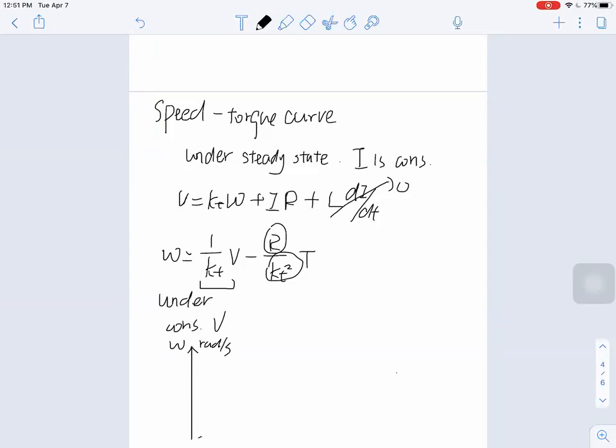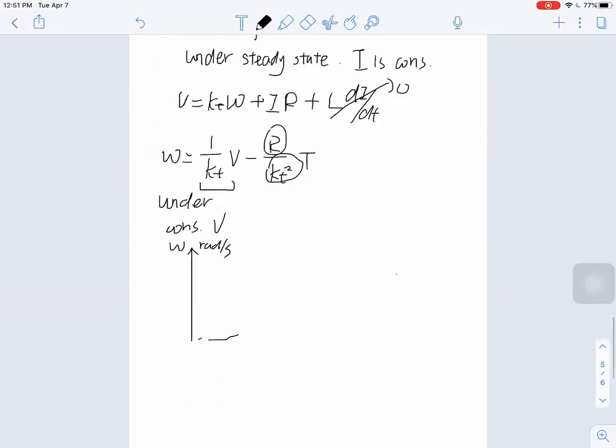On the horizontal direction, we have torque, in Newton meter. And the speed torque curve is going to be just a straight line under a constant voltage.